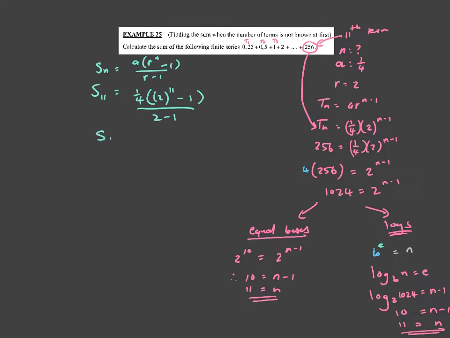The sum of the first 11 terms is a quarter, and 2 to the 11 minus 1. 2 to the 11 is equal to 2048, minus 1 is 2047, right? And then 2 minus 1 is 1. So it's a quarter times 2047, which is then 511.75.